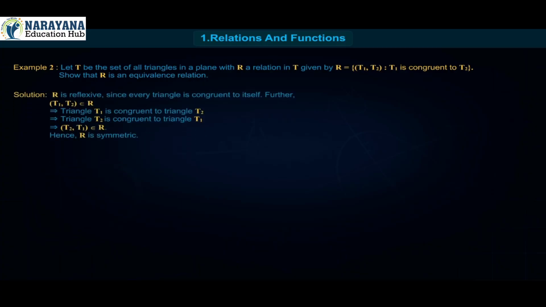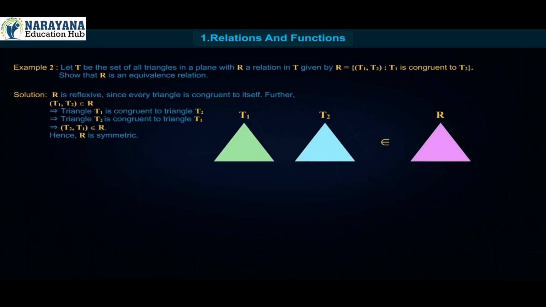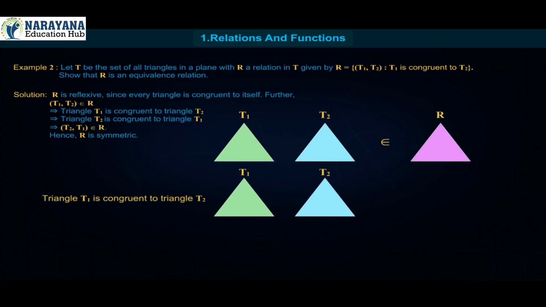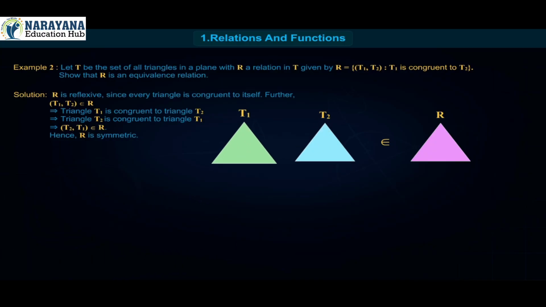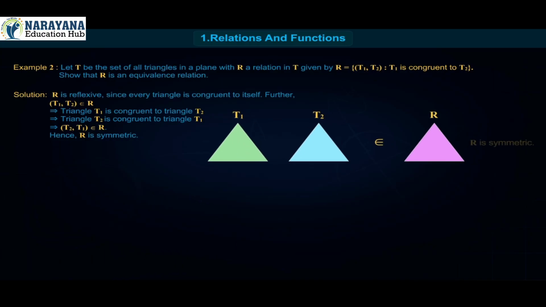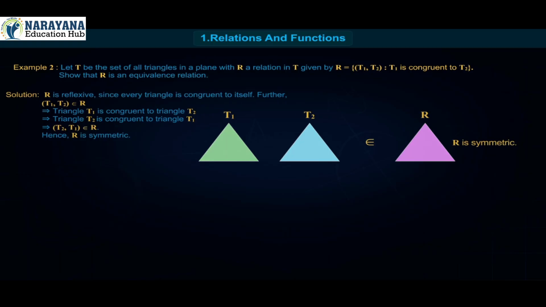Solution. R is reflexive since every triangle is congruent to itself. Further, the ordered pair (T1, T2) belongs to R, which implies that triangle T1 is congruent to triangle T2, which implies that triangle T2 is congruent to triangle T1, which implies that the ordered pair (T2, T1) belongs to R. Hence, R is symmetric.